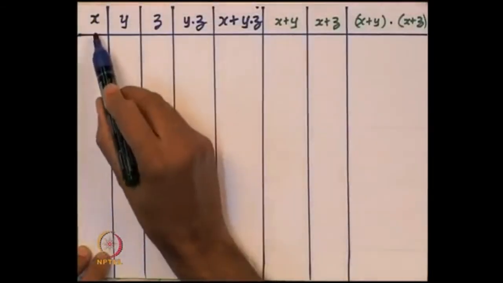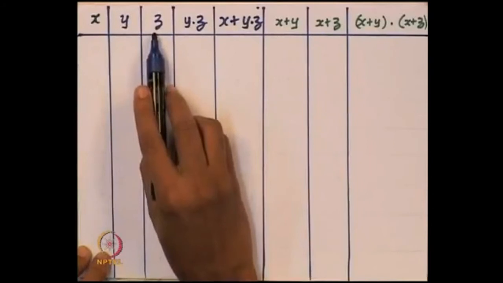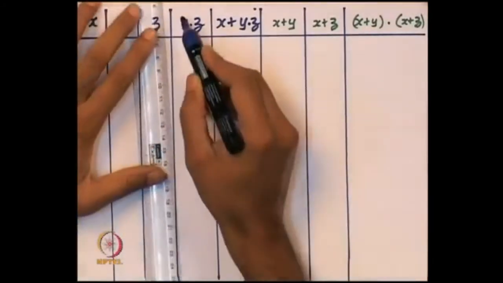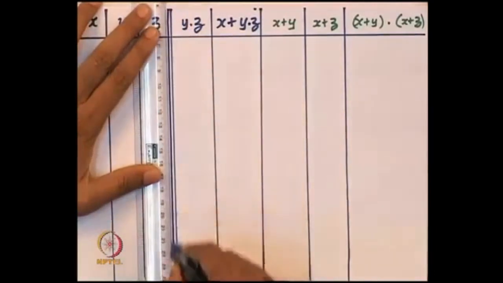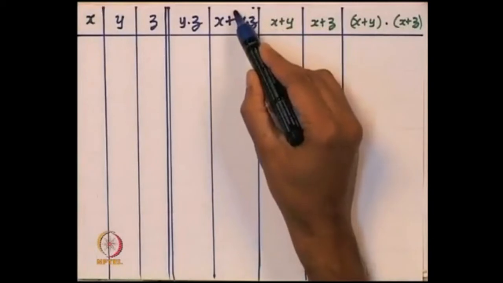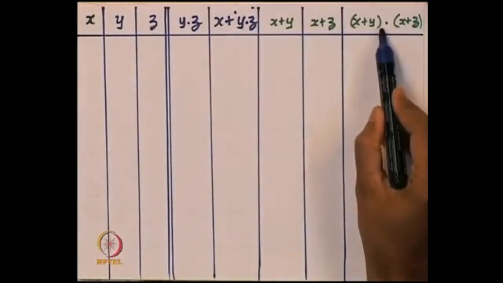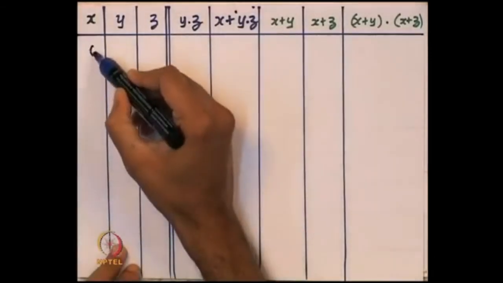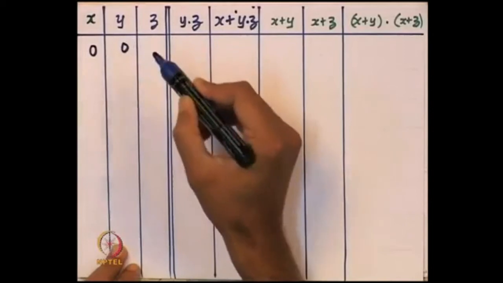So I have the variables x, y and z and I am going to put three inputs here. So there are three inputs and I am going to see this, if you notice, is the LHS and this one, the last column here, is the RHS. I am going to see if the columns match. So let us see all the values that x, y and z can take.